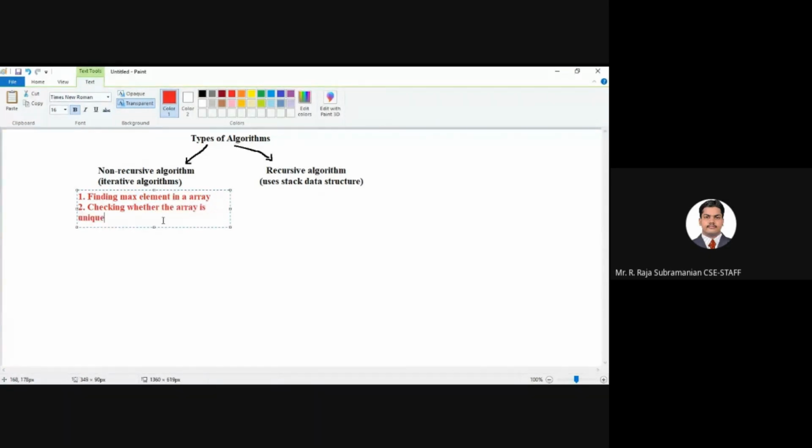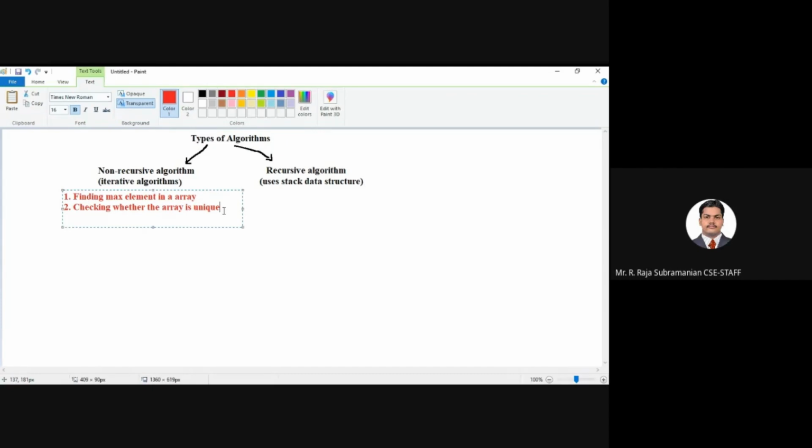What is a unique array? Can anyone say what a unique array is? Unique means what? For example, I say the array 1, 2, 3, 4, 5. Five elements are there. Whether this array is unique or not. What is unique?